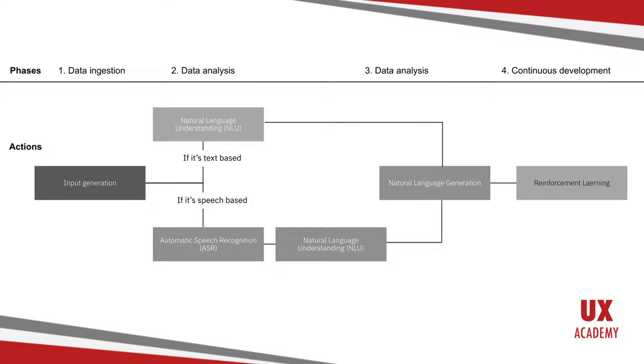If it's just text-based, it will use a technology called natural language understanding, NLU, which is a component of natural language processing. If it's speech-based, it will use a combination of natural language understanding and automated speech recognition. What happens in this phase is that the machine is detecting the intention of the user. I will come back to this term later.